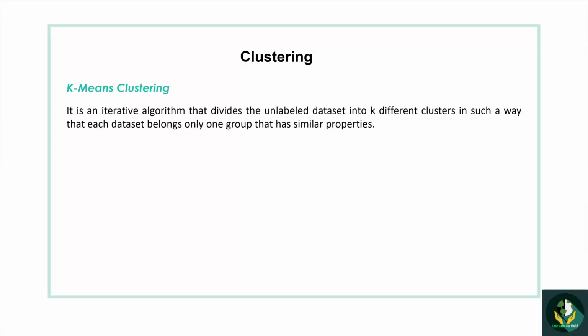K-means clustering is an unsupervised learning algorithm, which groups the unlabeled dataset into different clusters. It's an iterative algorithm that divides the unlabeled dataset into k different clusters in such a way that each data point belongs to only one group that has similar properties.